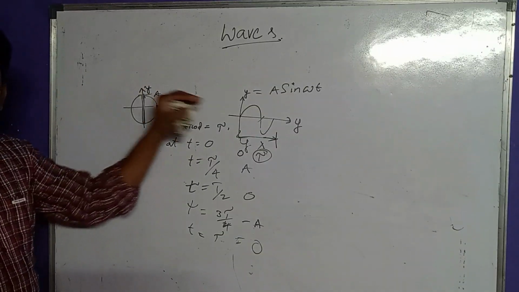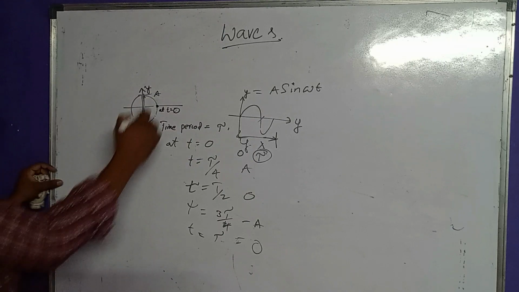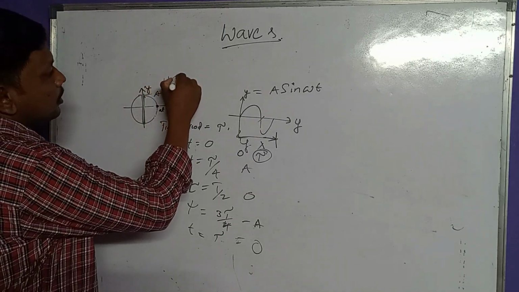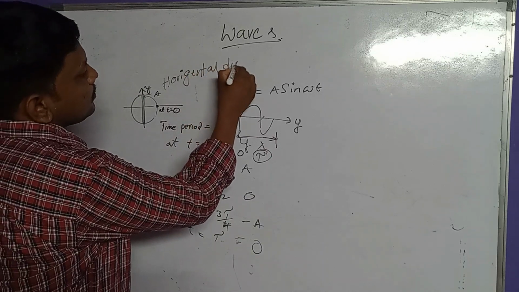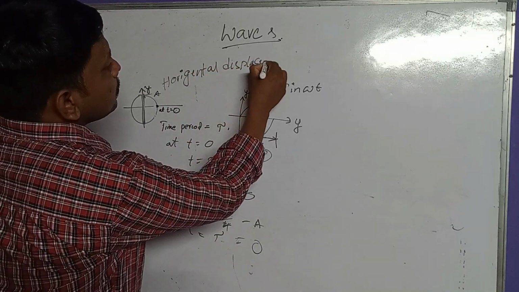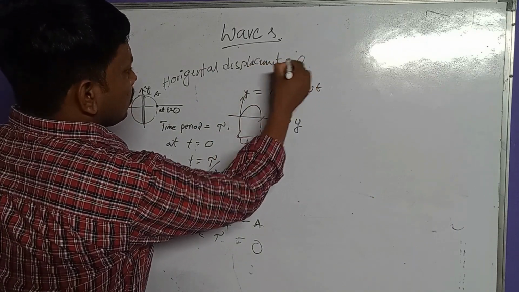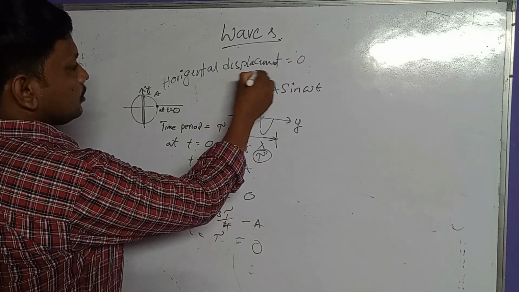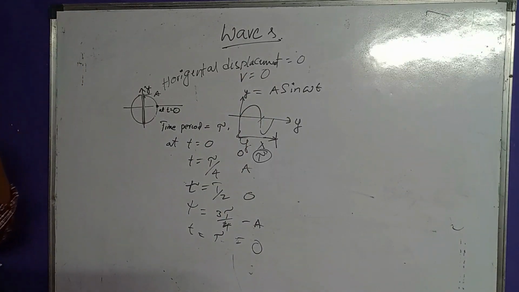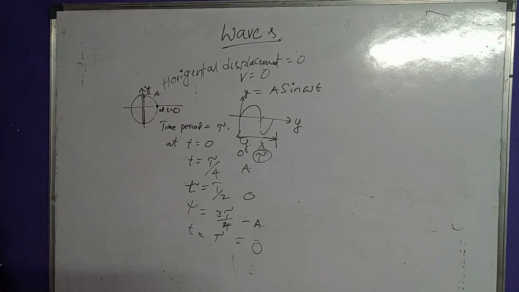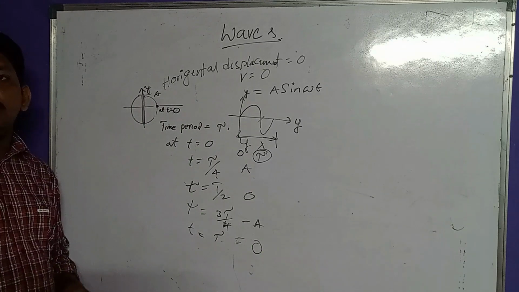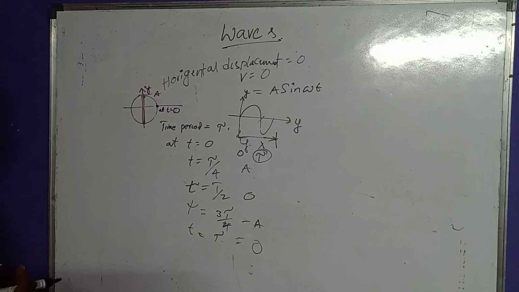The horizontal displacement is 0, right? So v is equal to 0. Here the particle velocity, wave velocity, is equal to 0. But the wave is oscillating, right? But our intention is to find the equation for the traveling wave.